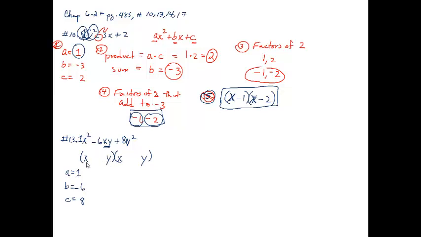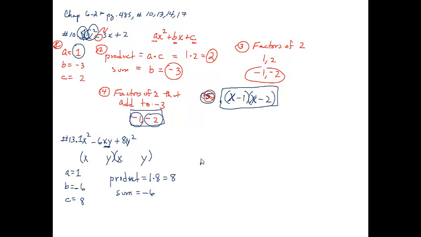So the first thing you're going to do is write your a, b, and c. And if it's in this form, go ahead and start writing your answer and just fill in the variable spots. And then just work with the numbers. So the product is 1 times 8, which is 8, and the sum is negative 6.